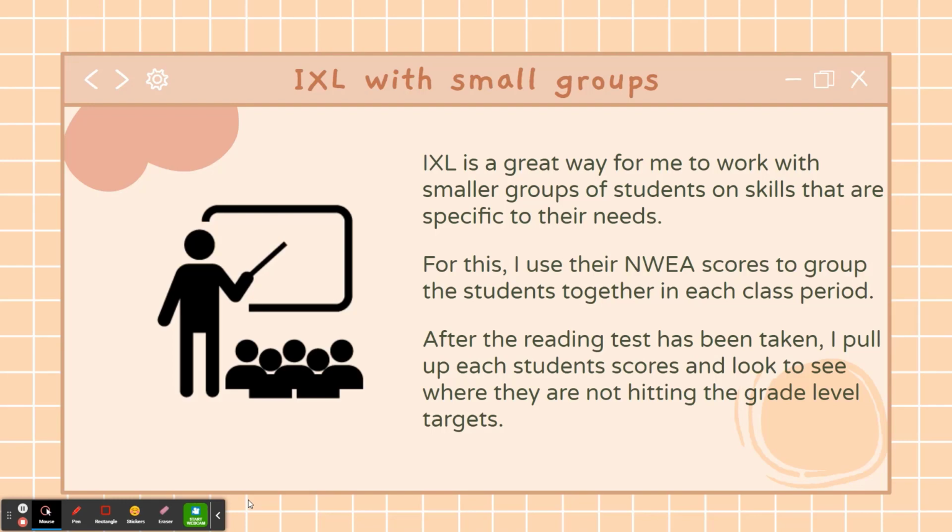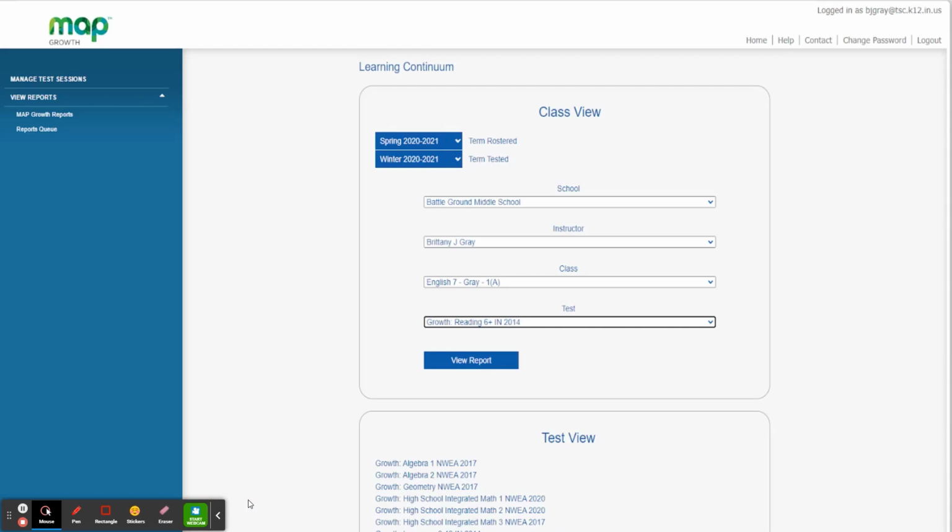So after the reading test has been taken, I pull up each student's scores and I look to see where they are not hitting the grade level targets. So the easiest way to do that is in your NWEA site. If you go to Map Growth Reports, and then you click on Learning Continuum.